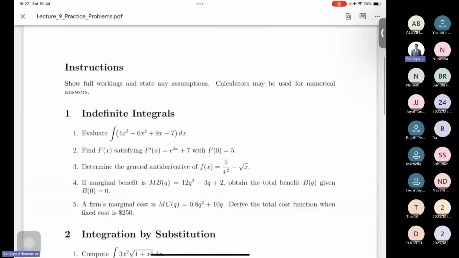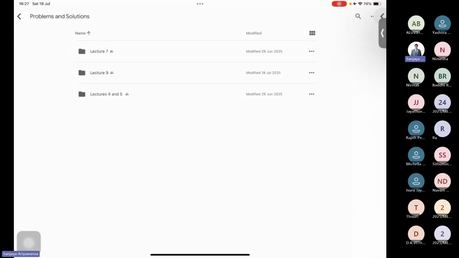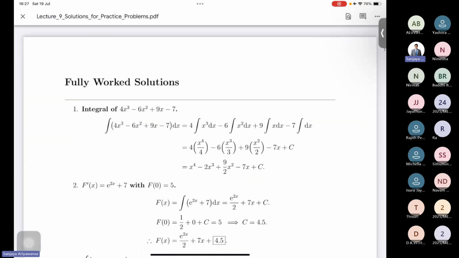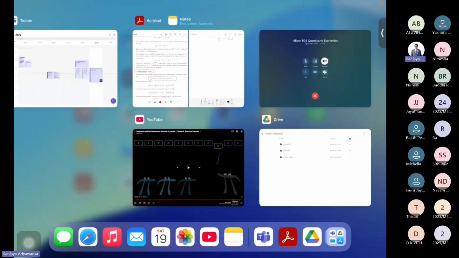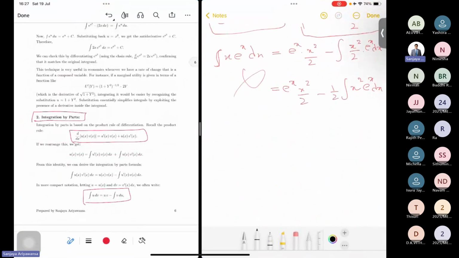And also, not only these problems, I have given answers as well. Solutions for the practice problems. Just go through the solutions and see whether it makes sense. So just do those problems and get a feel for this as well. It's very important practicing this.